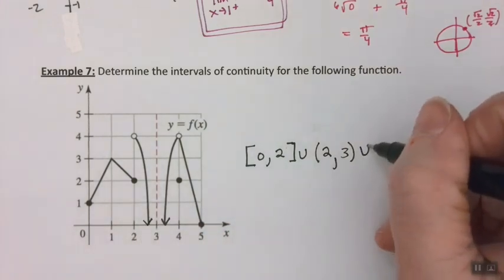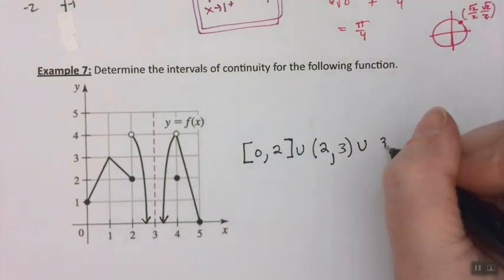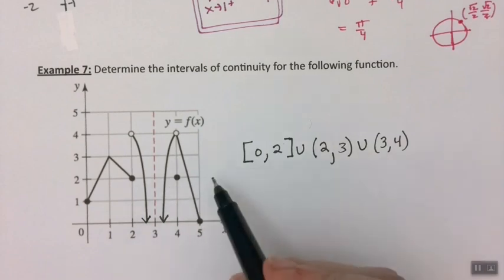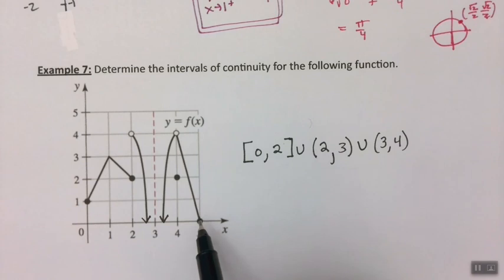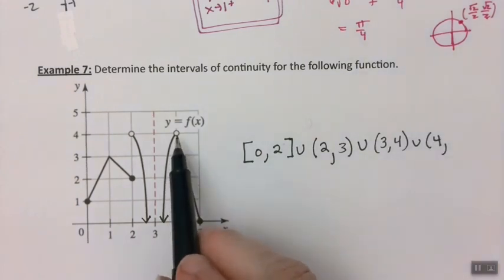And then I'm going to join that up with from 3 to 4. But again, open circle and an asymptote, so they're both going to be in parentheses. And then from 4 to 5, but I actually get to reach f of 5, so with a closed dot. So that's going to be 4 with a parentheses because there's an open dot there.